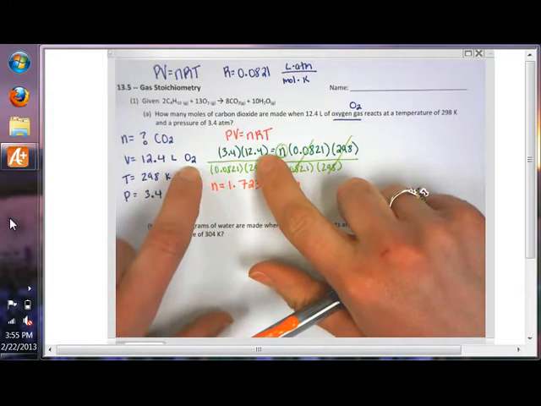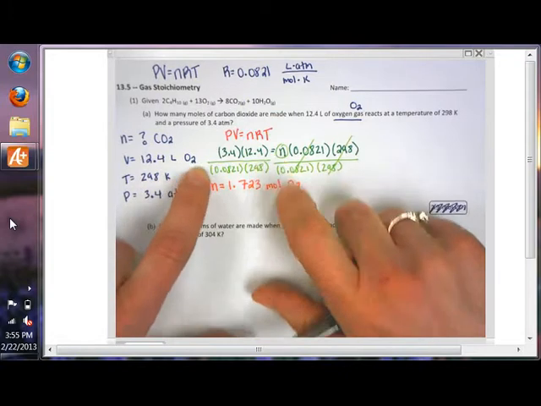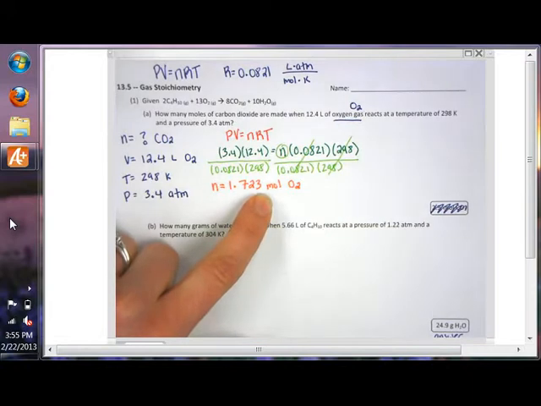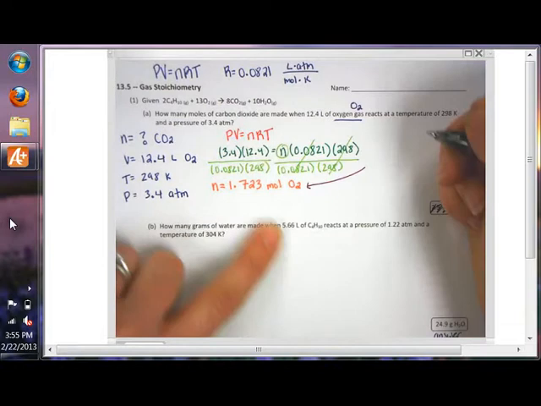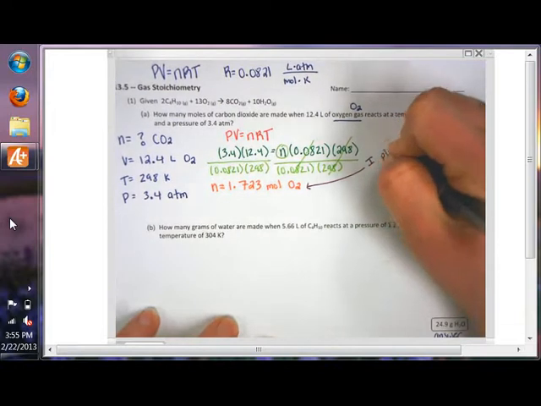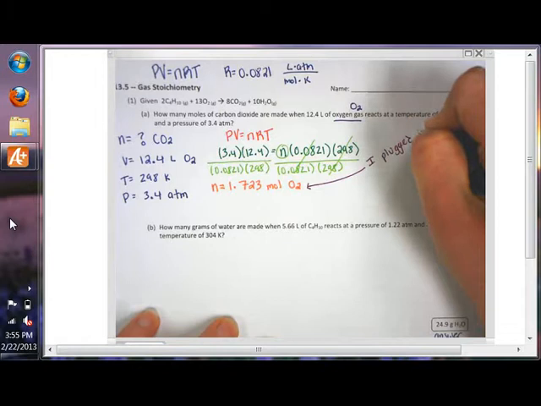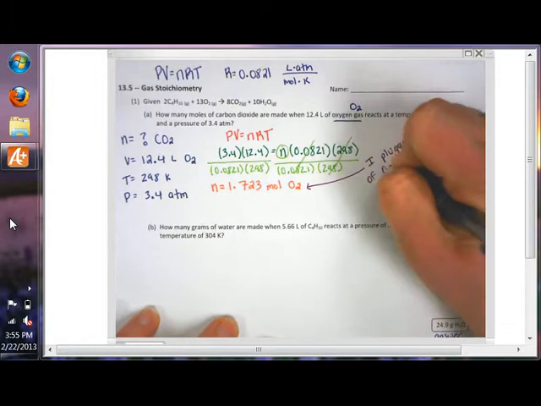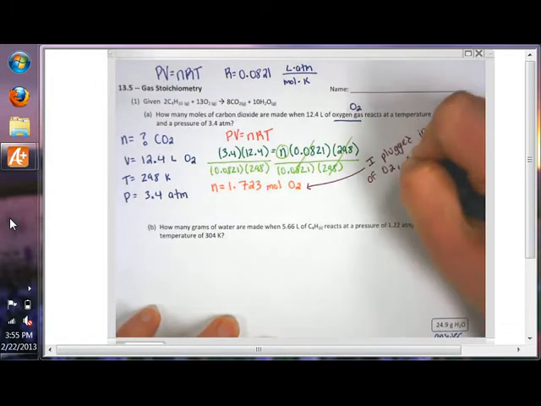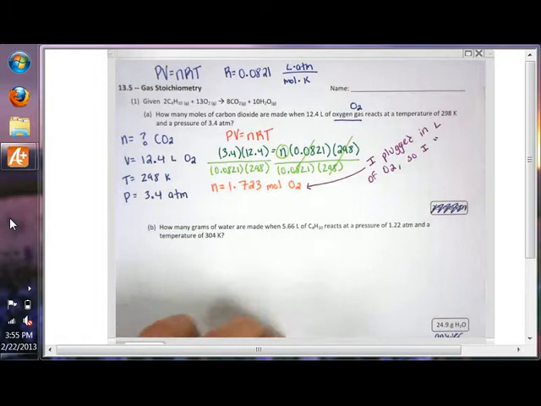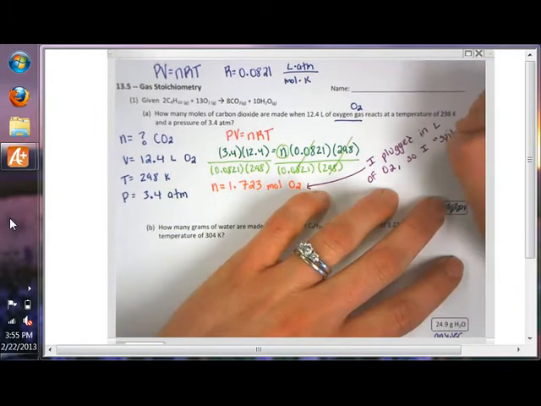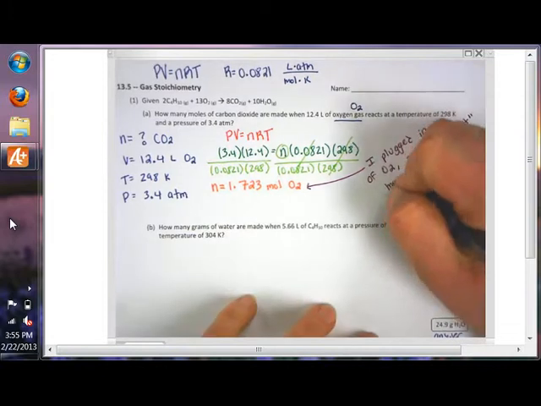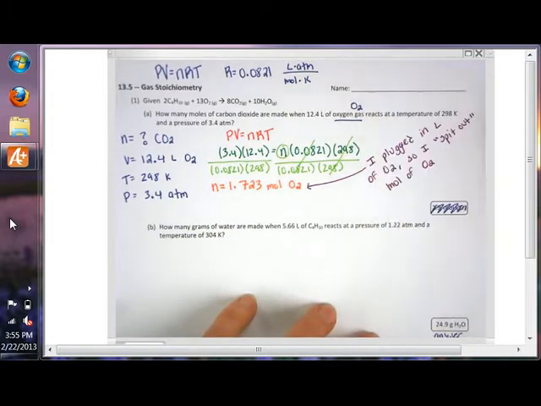So I'm going to write ourselves a little note, and I'm going to say I plugged in liters of O2, so I, quote, spit out moles of O2. Whatever compound you plug into Pivner, that's the compound you're going to get out.